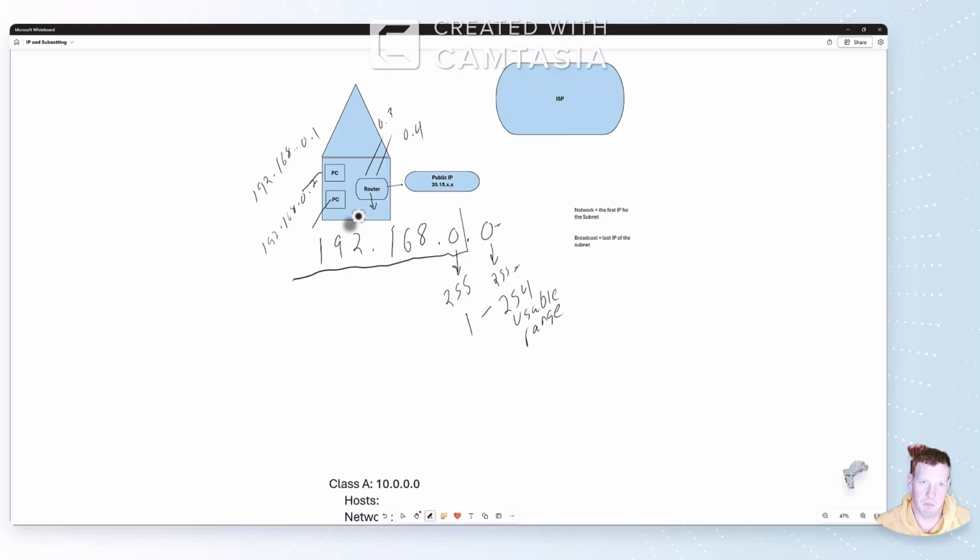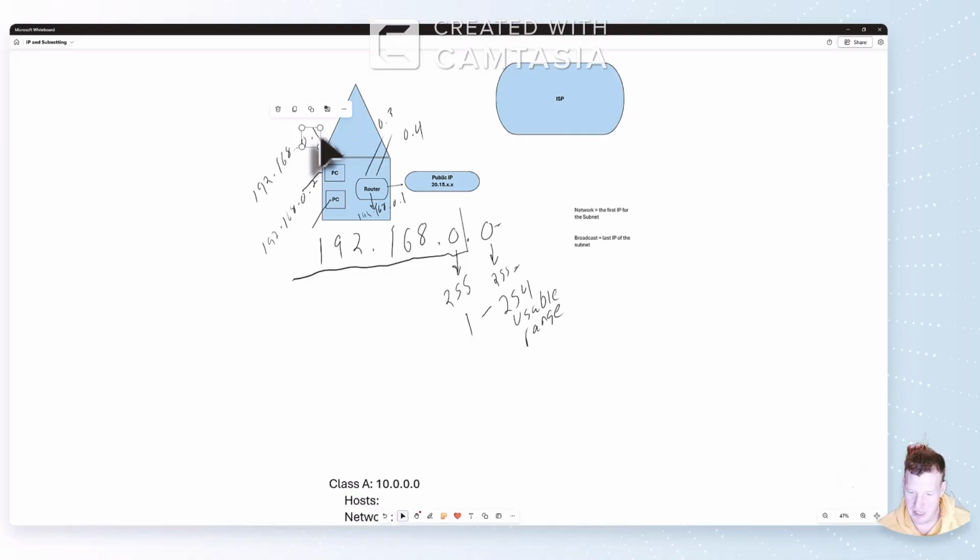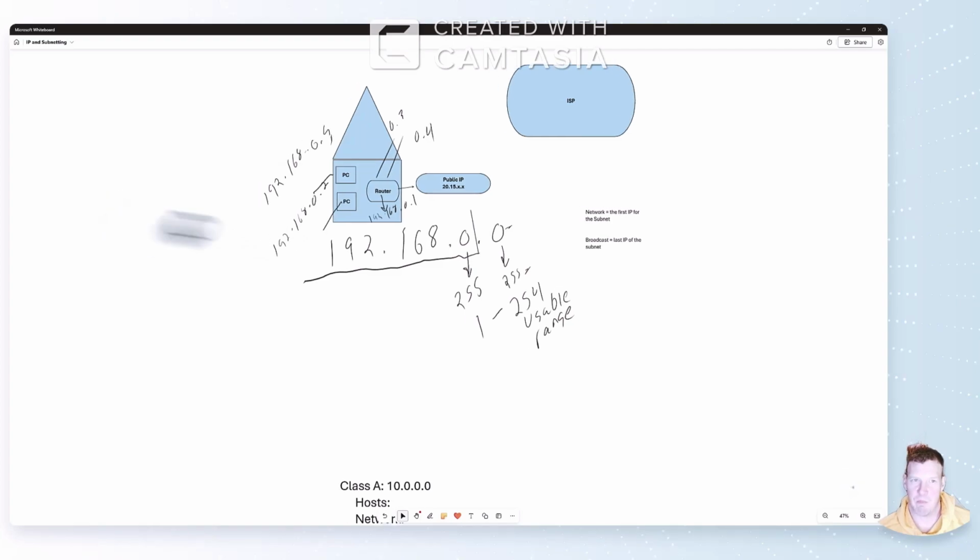That's what most people would do. 192.168.0.1. And we would change this up here to be the one that isn't used yet, so 0.5, because we already used 1, 2, 3 and 4. Perfect.